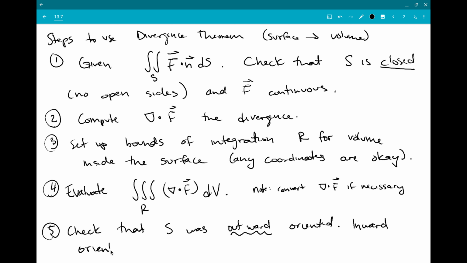Inward orientation changes the sign of surface integrals. So this whole approach is computing this quantity for an outward oriented normal vector. After you've done all these steps, just make sure your normal vector was outward oriented. If it's not, you've just been computing the negative of what you're supposed to. So just swap a sign and you'll be okay. And so we'll go ahead and do some examples in this section.